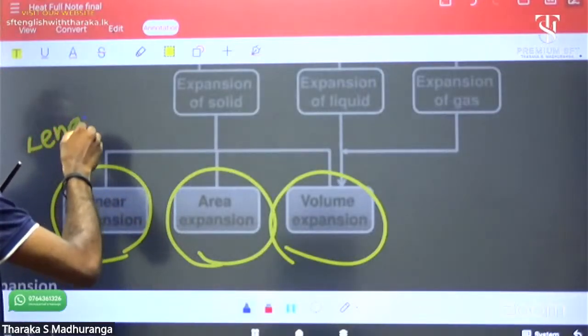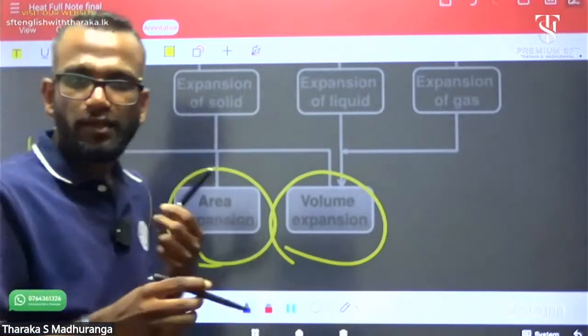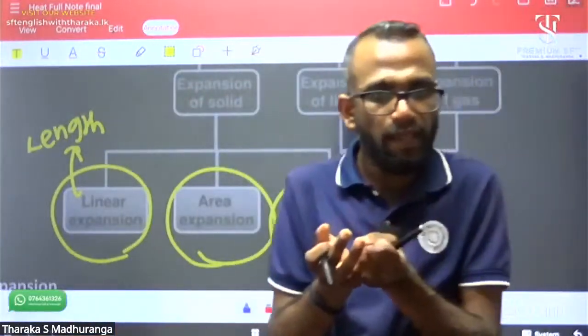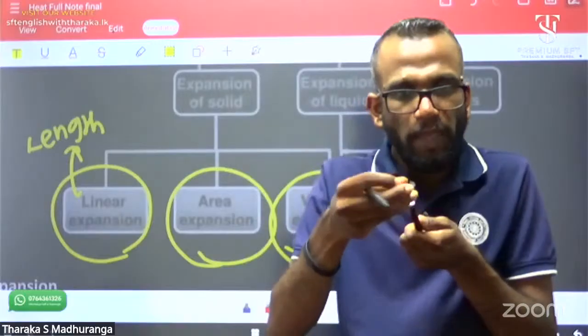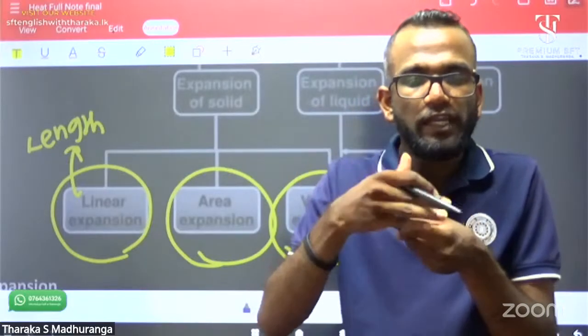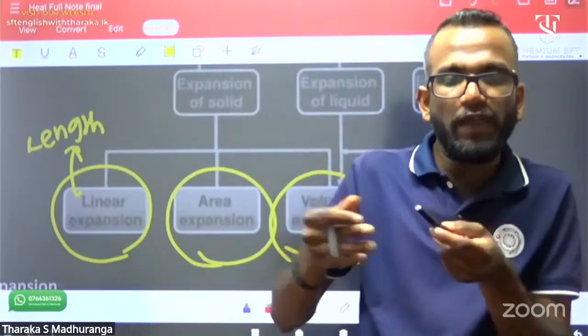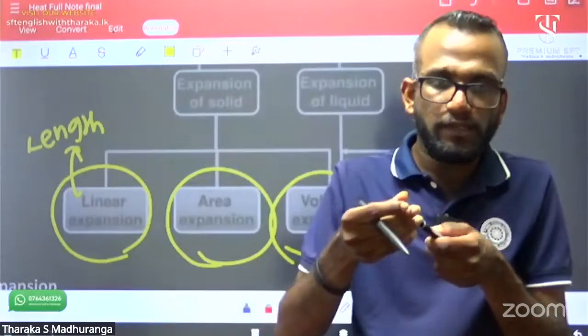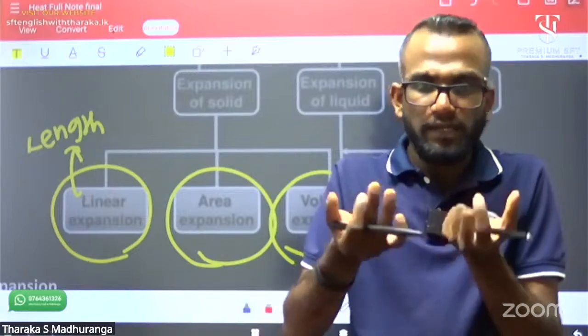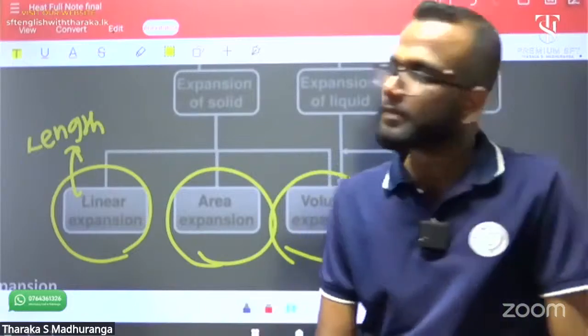Only length. We do not consider width. The length expansion is only valid for linear objects: very thin rods and cables.